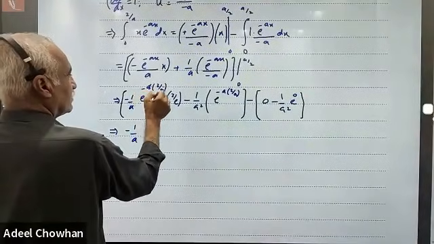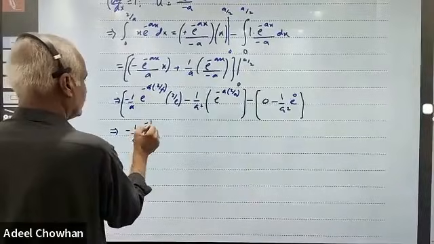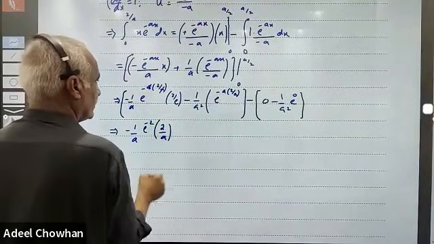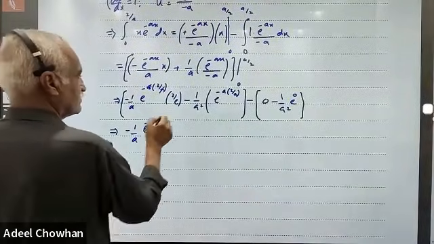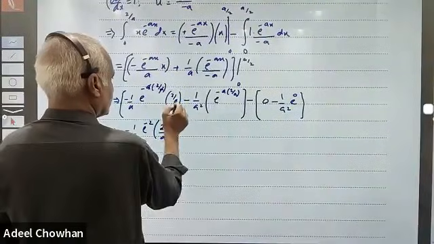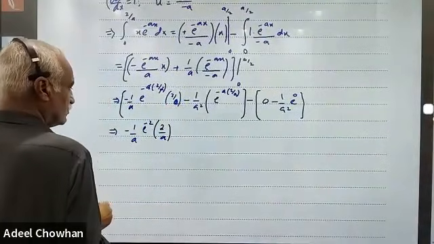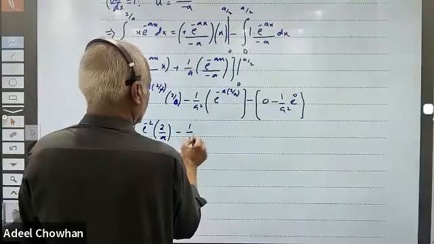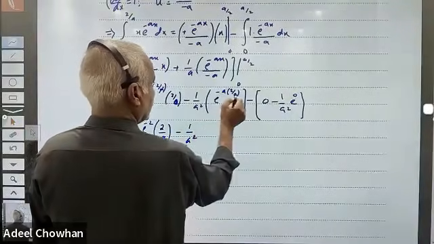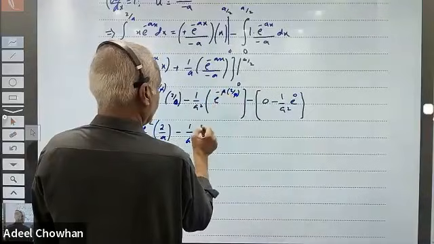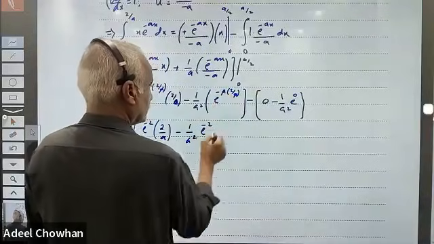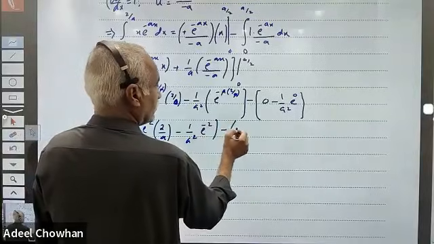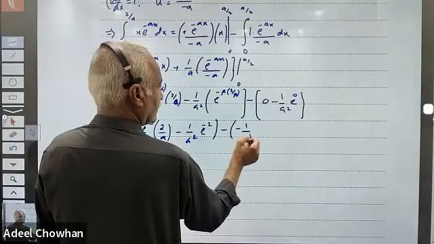This a and a cancel out. So e power minus 2 into 2 over a minus 1 over a square. A and a cancel. E power minus 2 minus 1 over a square.